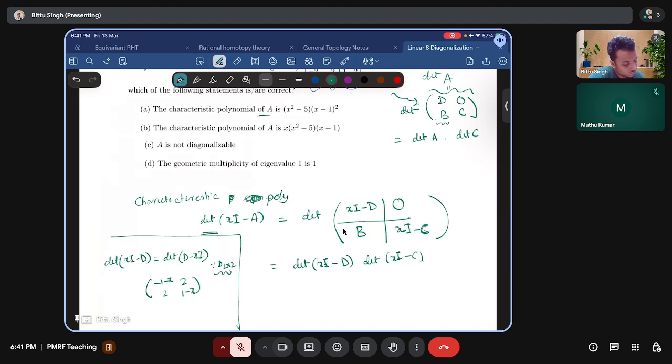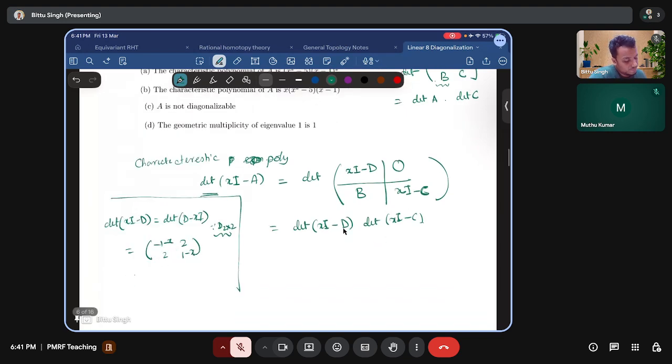That's why this is true. Otherwise, it is not true. So 1 minus x times, this is the same as x minus 1 times x plus 1. So this is x square minus 1 and minus 4. That is x square minus 5.